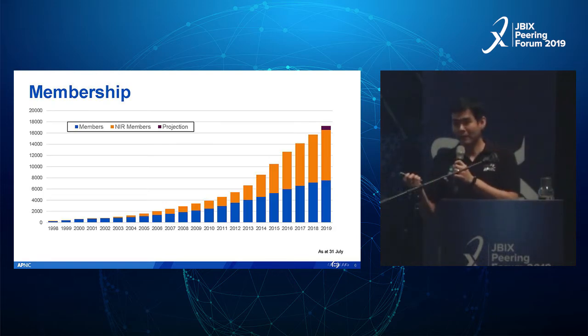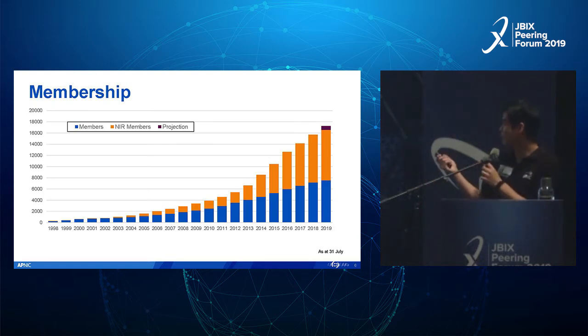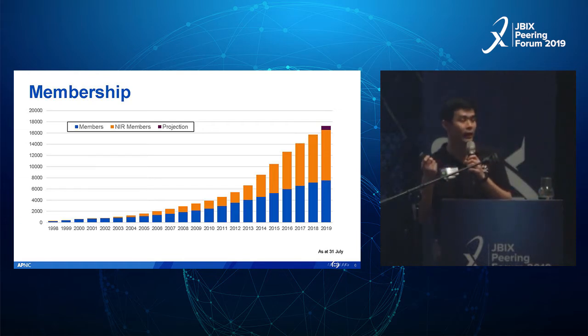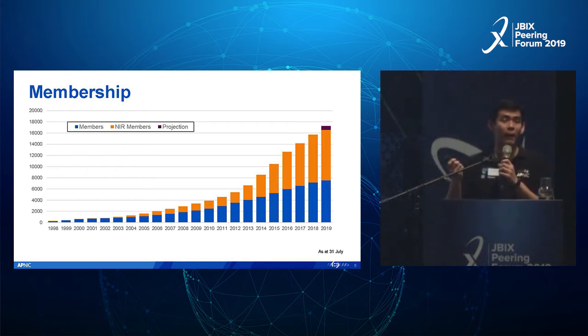As you can see from the graph, APNIC membership has been growing steadily over the years. As we speak now, we have around 7,500 members, and the graph actually shows the combined members of APNIC direct members and NIR members. NIR is in certain countries that have NIRs set up.